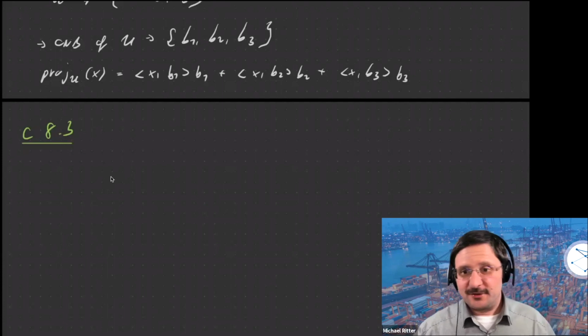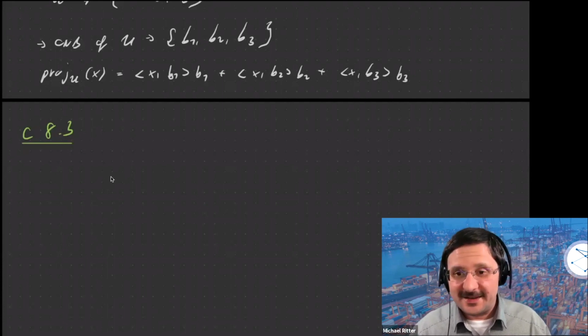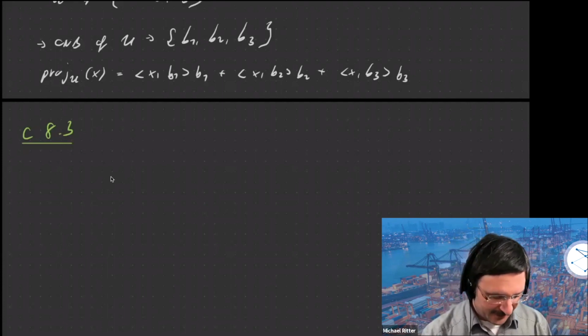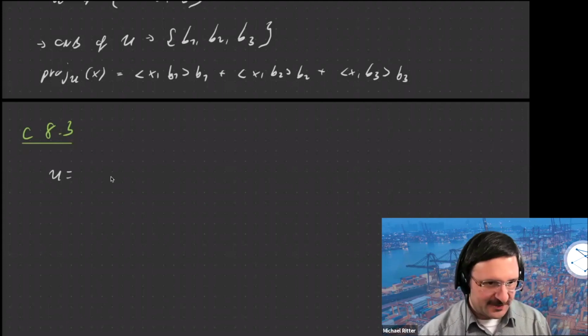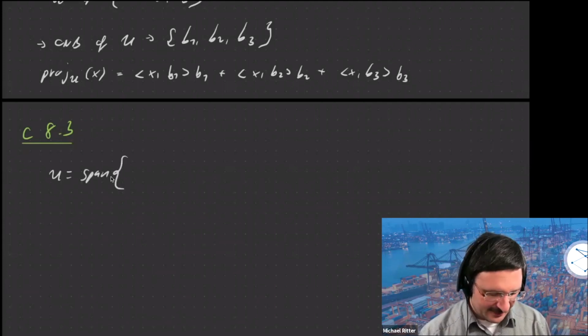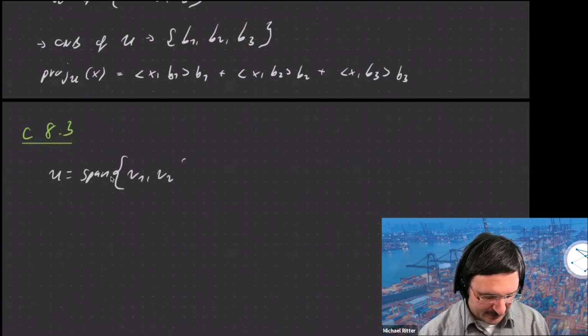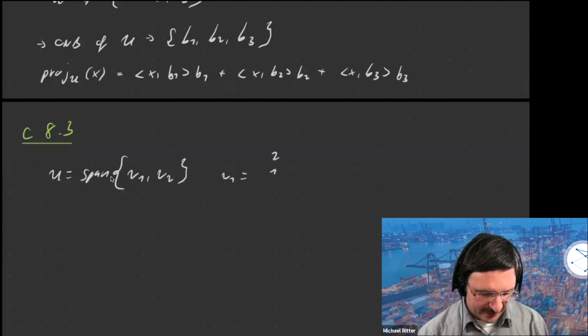So as I said, we're going to get an example for Gram-Schmidt's method now. And here we have an example that is in R4 to make it a little more interesting. So U is given as the span of two vectors, v1 and v2. v1 is 2, 1, 1, 0.